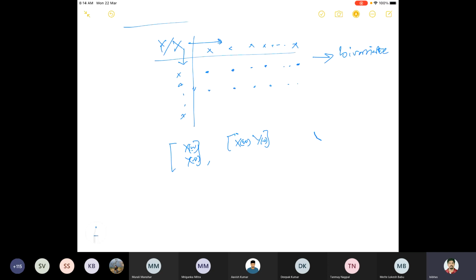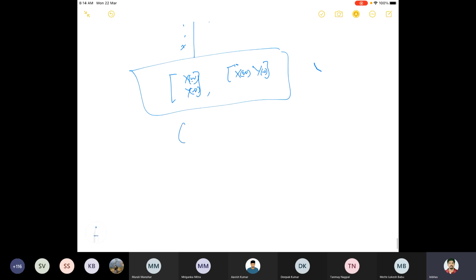But instead of writing this vector notation, because vector notation is used most frequently when you have more than two random variables, here we write x comma y. So this is the bivariate case, meaning there are two random variables associated with this.